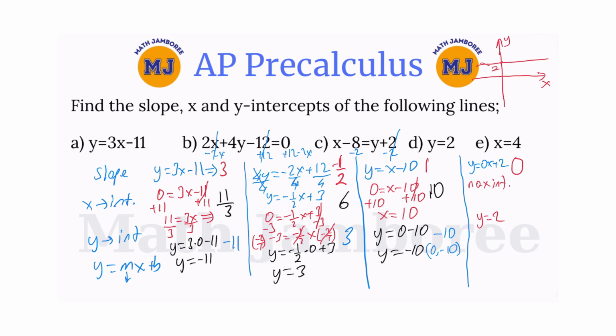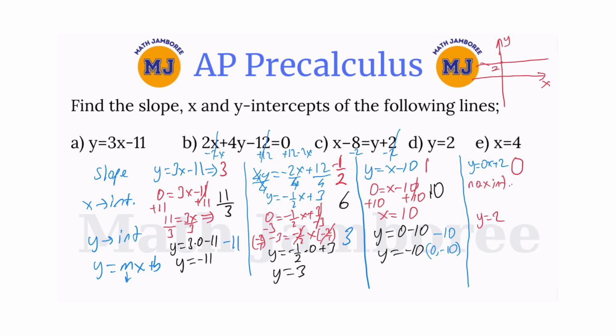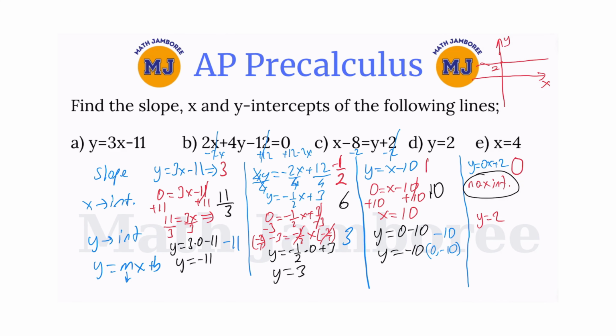So let me show you in this format. No x-intercepts, and in the blue color, I'll just put a 2. And for the last one, we can just squeeze that in on the corner. x equals 4.